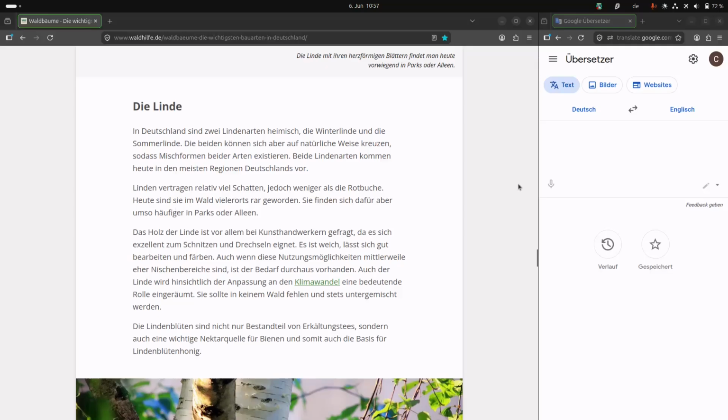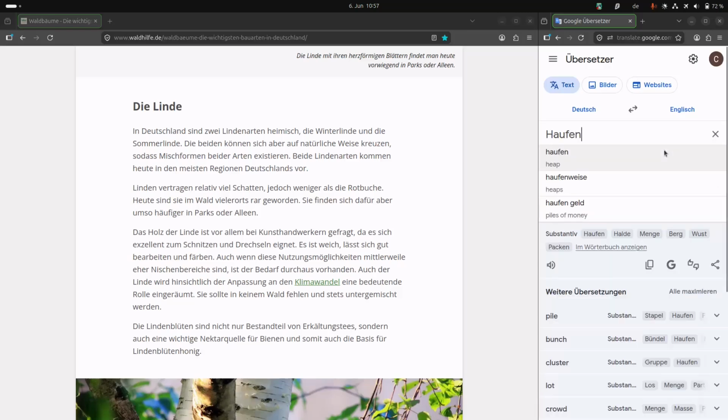This derives from the word Haufen, without the two dots, because I think almost every word with a vowel with these dots on top originally didn't have it, and it's kind of a bent form of that.